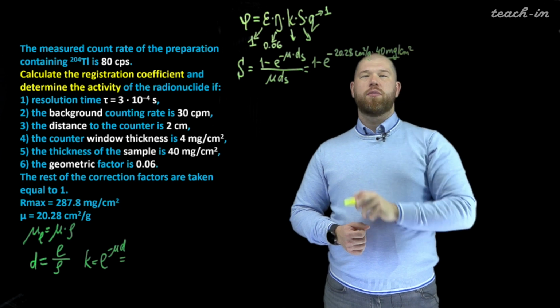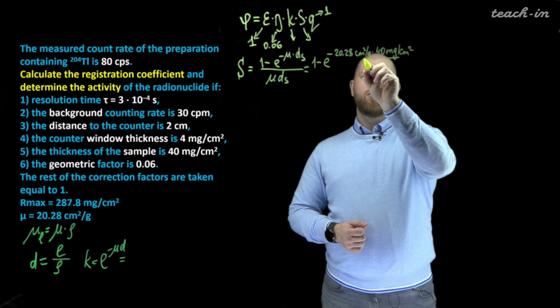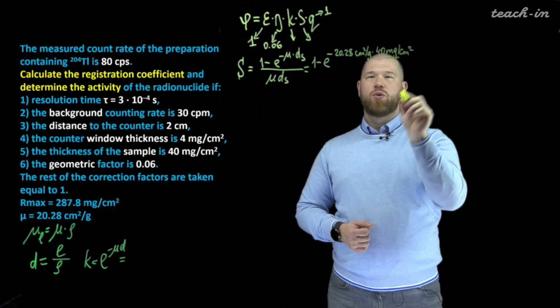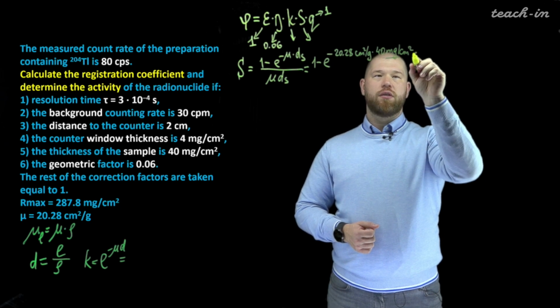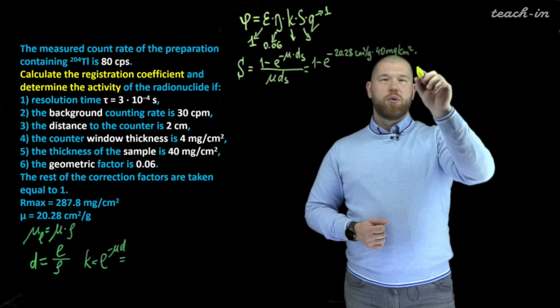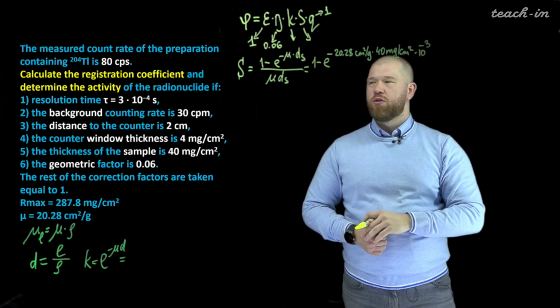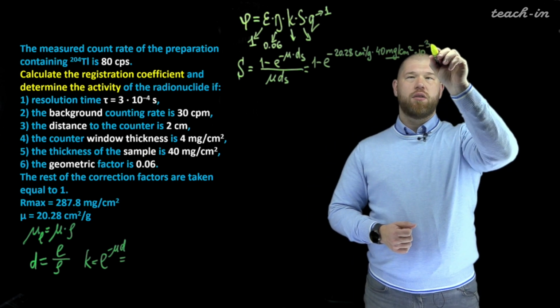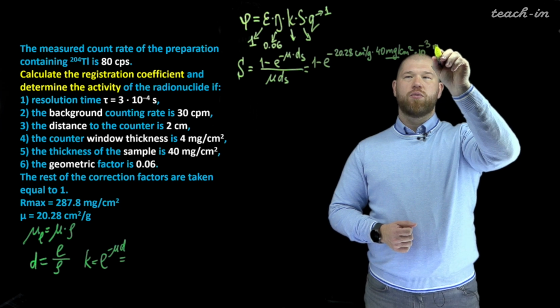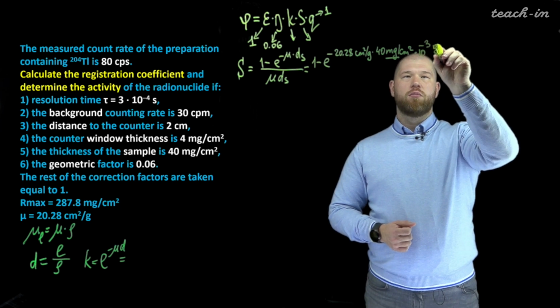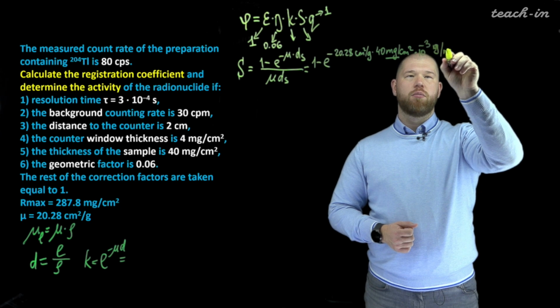So that's why we have to go from milligram to grams, and we simply multiply it by this coefficient 10 to minus 3, so it is the coefficient of gram per milligram.